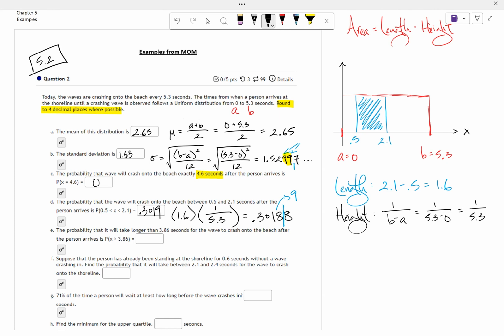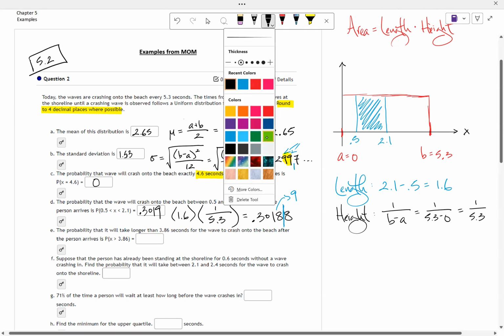So we're really just looking for areas of rectangles. Okay, let's take a look at E. The probability that it will take longer than 3.86 seconds for the wave to crash onto the beach after a person arrives. Same kind of idea. Let's do green for this one.